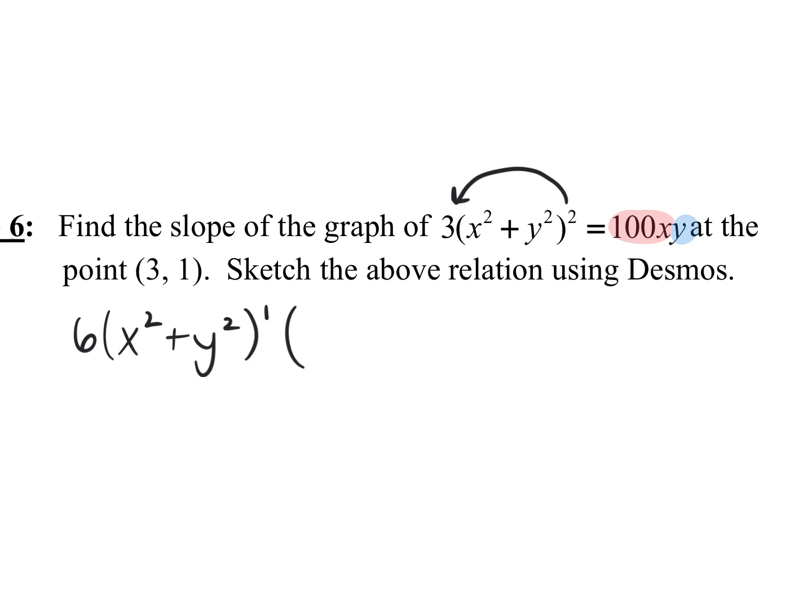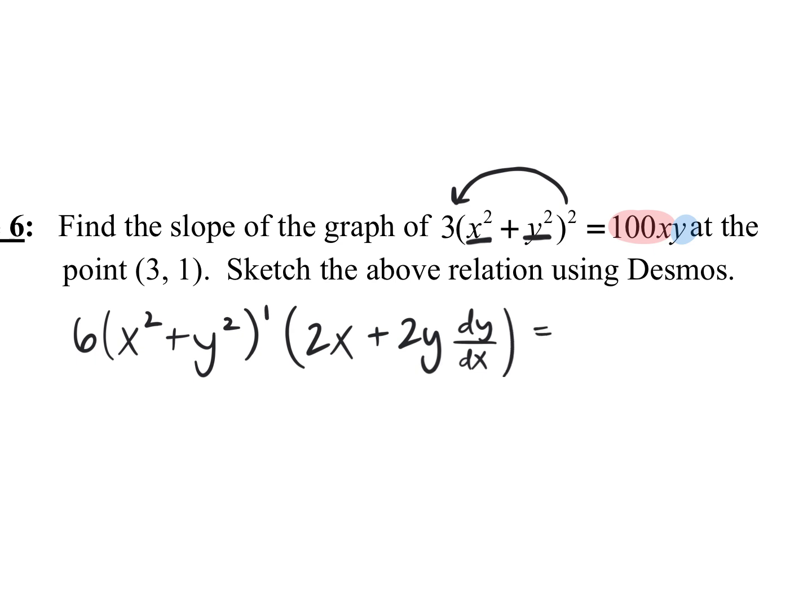So I'm going to take the derivative of x squared. This is in relation to x. So the derivative of x squared is what? 2x. Okay. The derivative of y squared in relation to x is 2y times what? dy dx. And that is my left-hand side. Are we okay with the derivative of the left there?